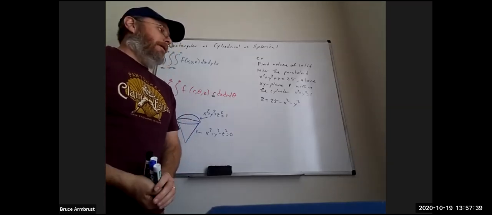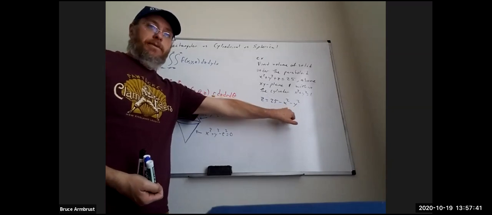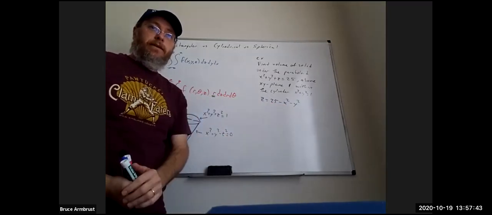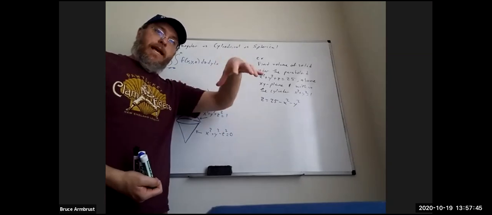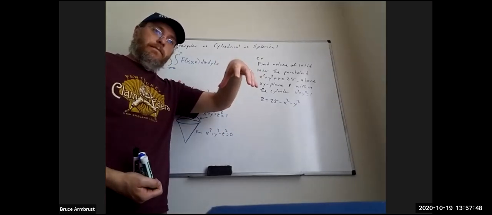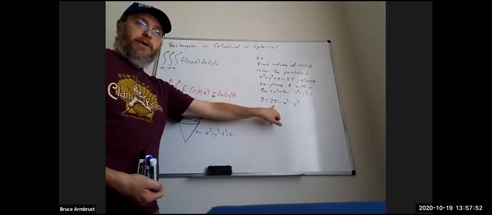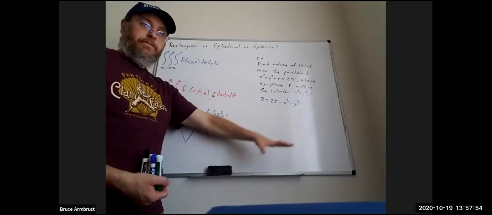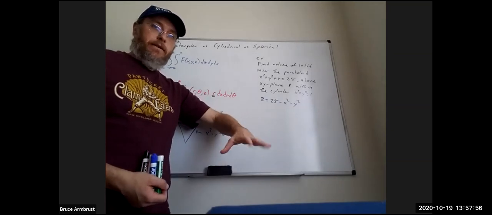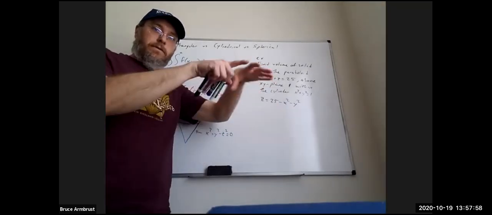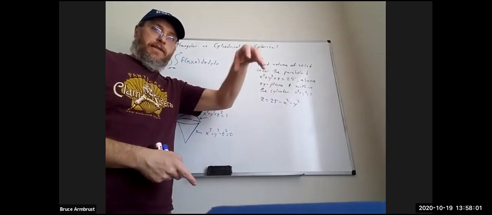It's a bowl. It's a circular cross section because the x's and y's are both 1, and it's upside down because of the fact that they're minuses. And the top of that bowl is up at 25. So if this is the xy plane, it's an upside down bowl, and the top is up at 25.